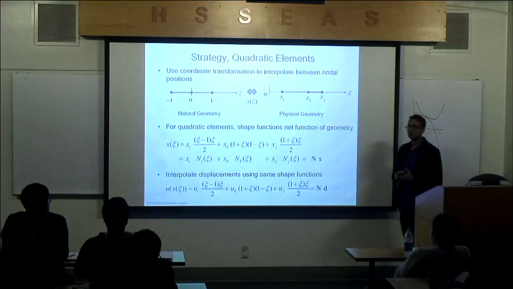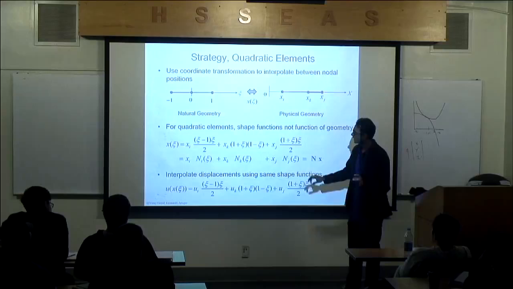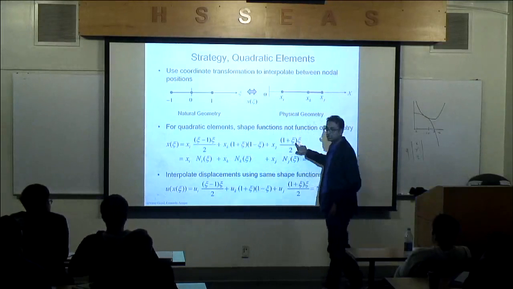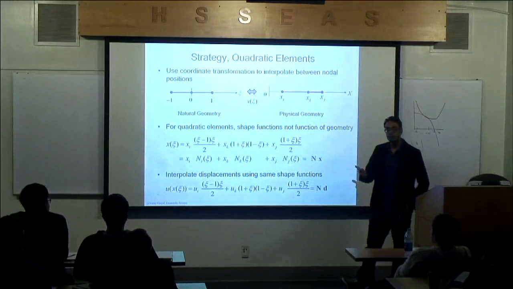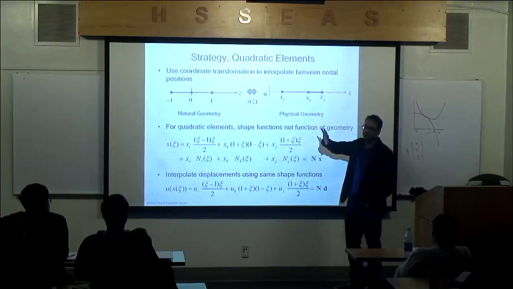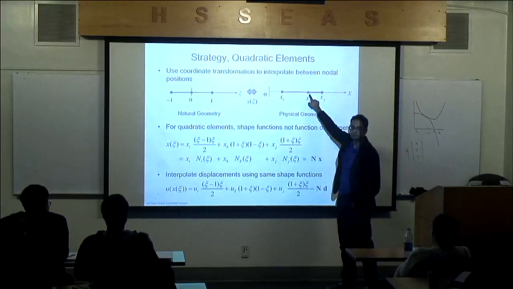Let's look at a quadratic element. A quadratic element is no different. For a quadratic element, I'm going to use shape functions that satisfy the Kronecker delta property and the partition of unity. And if I take a node, this is incredible. This is the most incredible thing in finite elements. I have this node. It's not in the center. It's biased to the right. You agree?